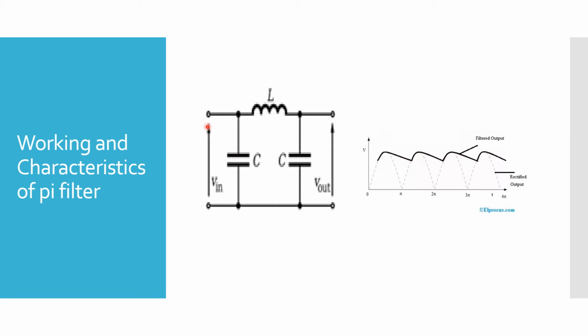The rectifier's output is going to be connected to C1, the first filter. This filter C1 provides small reactance towards the AC component of the rectifier output, as it gives unlimited reactance towards the DC component.